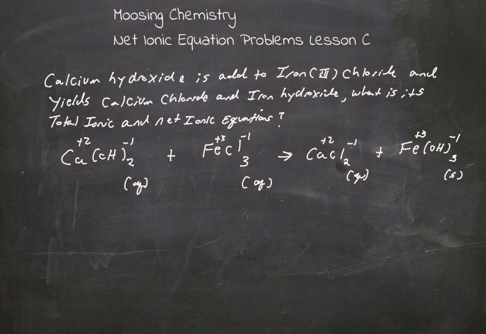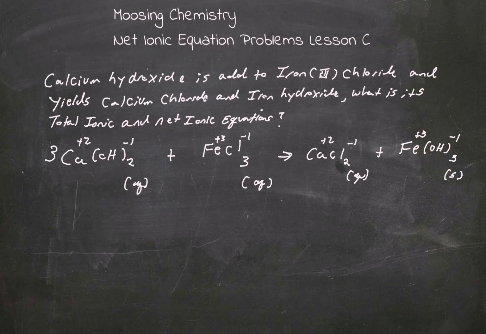Okay, so now we've got that. So let's make sure it's balanced first. No, not quite. We've got 2 hydroxides here and 3 hydroxides there, so that means we got to put, of course, a 3 in front of here, a 2 in front of, let's see here.